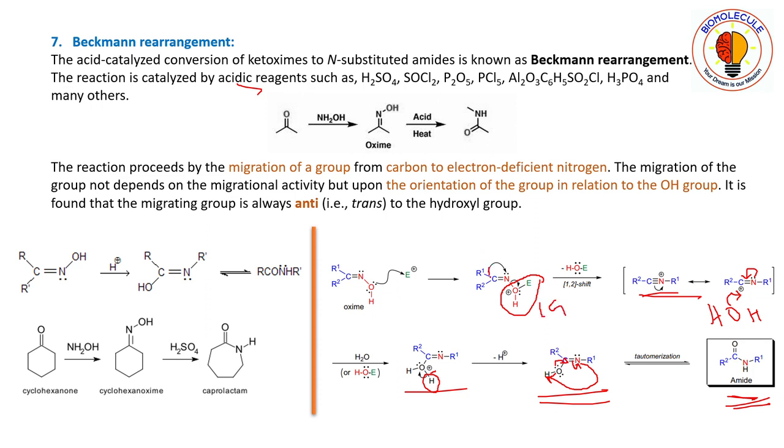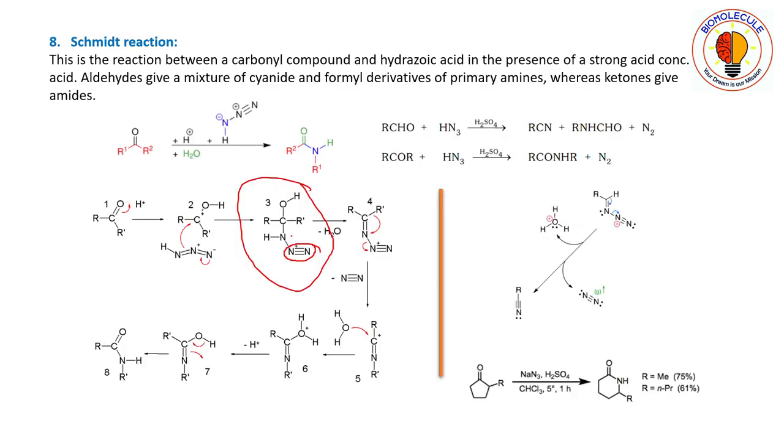So the migration of R1 from this carbon to nitrogen takes place, and this group easily gets eliminated. Similarly over here, this nitrogen molecule is very abundant in nature.